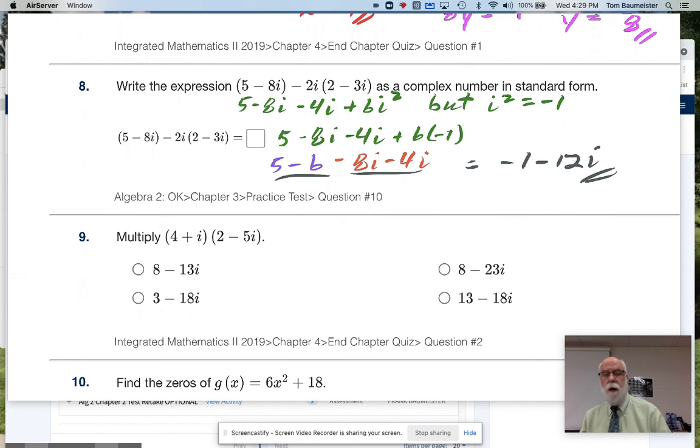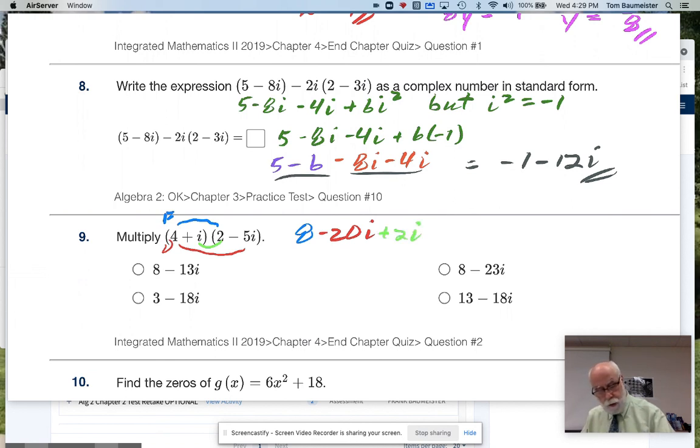All right. On number 19, remember we're just going to FOIL it. So I'm going to multiply the first terms, so 4 times 2 is 8. I am then going to multiply the outside terms, so 4 times negative 5i is minus 20i. I am going to multiply the inside terms, so i times 2 is a plus 2i.